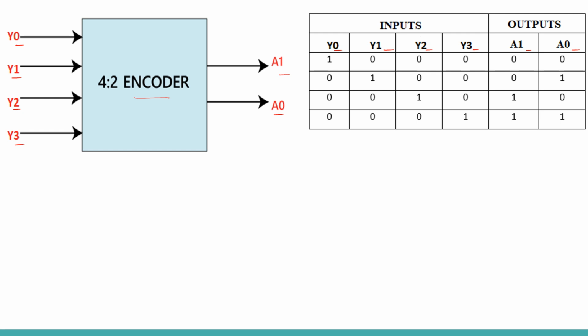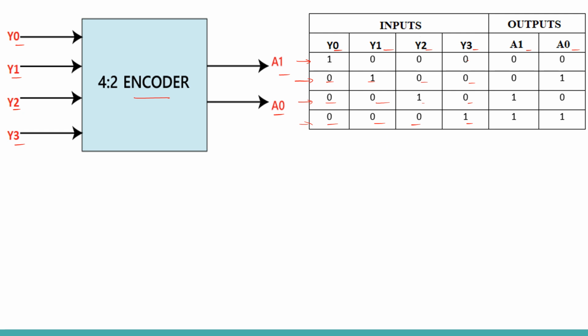At a time, now you can observe the first possibility is 1 0 0 0. Next one 0 1 0 0. Next one 0 0 1 0. Fourth one 0 0 0 1.